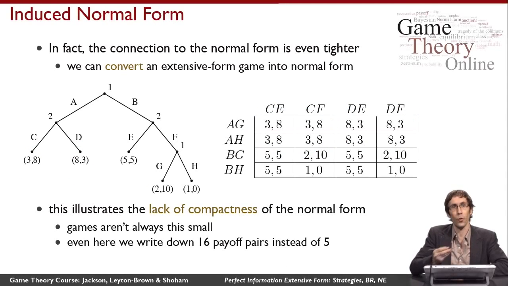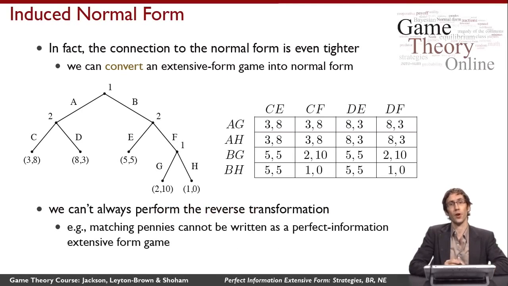That's because there are 4 pure strategy profiles that lead to that same leaf node in the tree. So this can be a problem because this blow up is actually exponential. It doesn't look so bad here because the game we're looking at is very small. But as the size of the game tree grows, this blow up can be really profound. It can mean that in practice, it might be very difficult for us to write down this induced normal form.